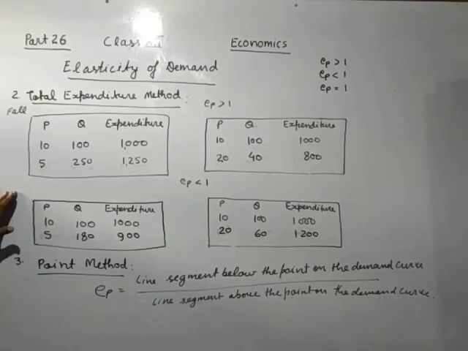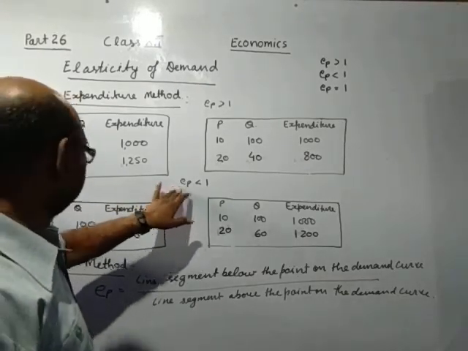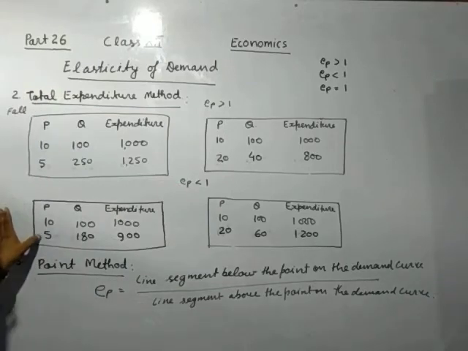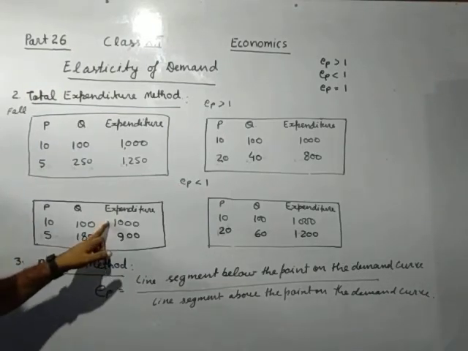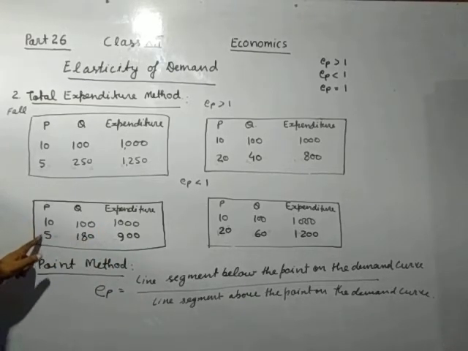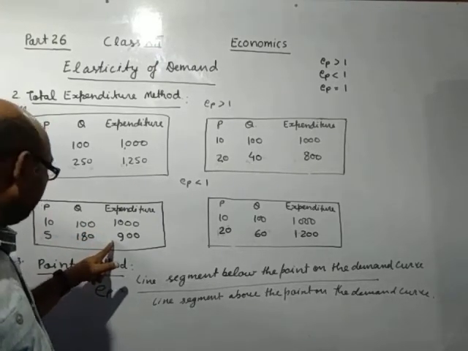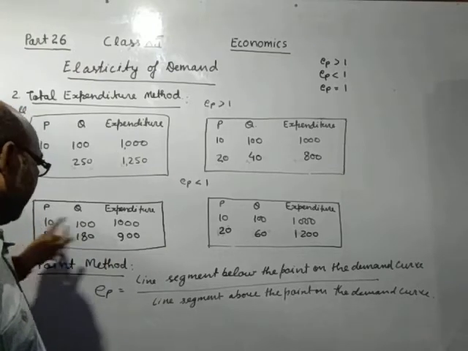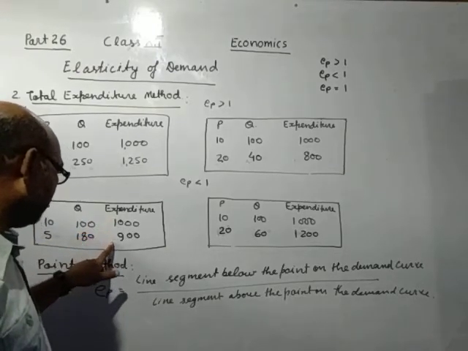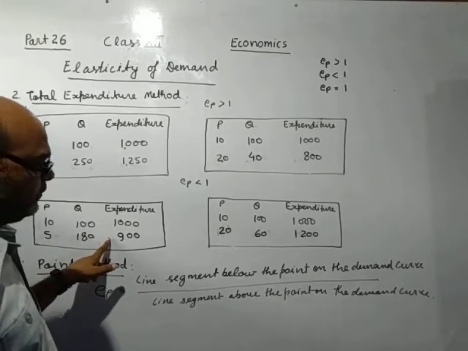Second, elasticity of demand is less than 1. Here price falls and total expenditure also falls. You are seeing the price falls from 10 to 5, and total expenditure becomes 900 from 1000. So price falls and expenditure also falls. Here is the positive relation, both are falling.